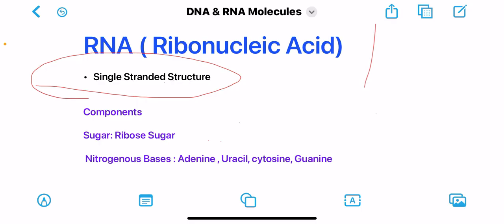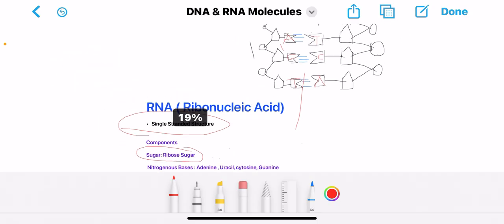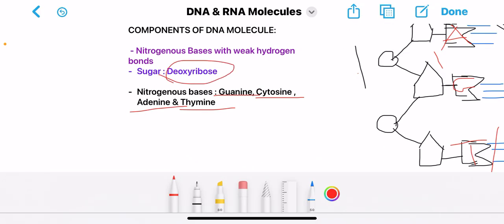So what are its components? The components of RNA include sugar. We have the ribose sugar. Remember, in DNA we had what? Deoxyribose sugar.